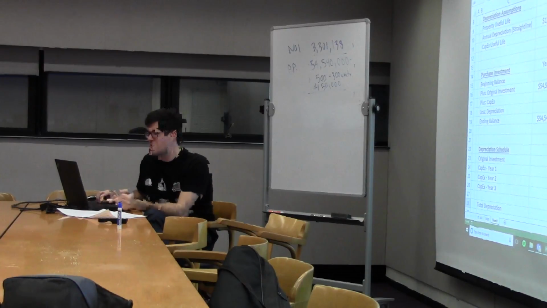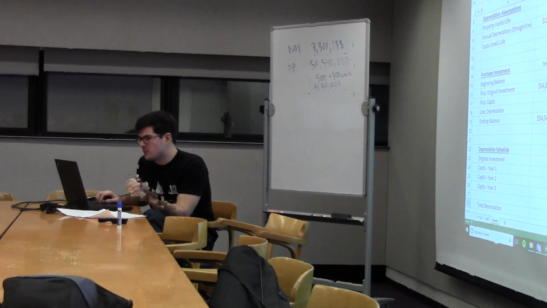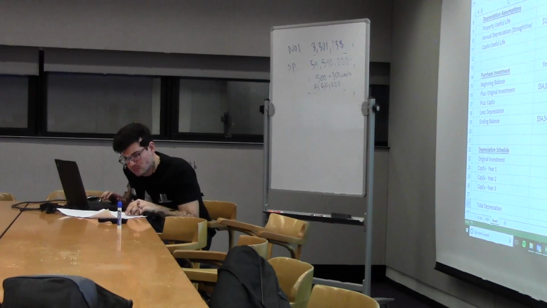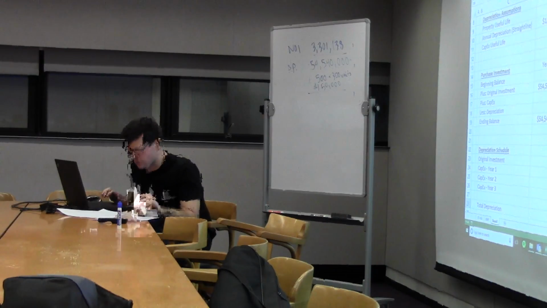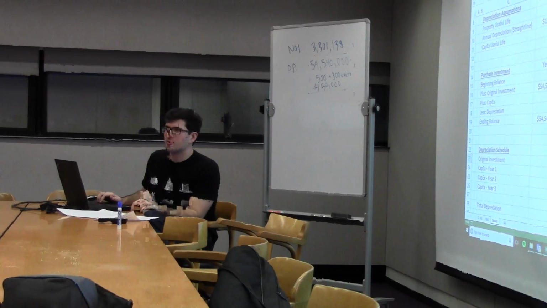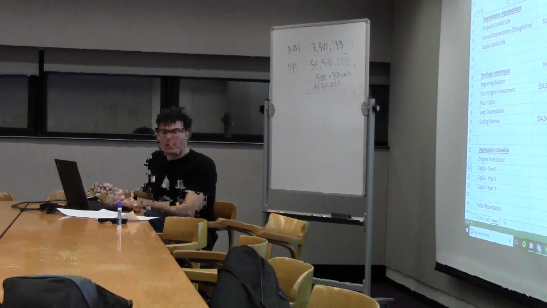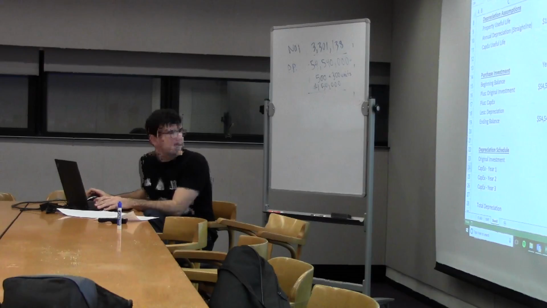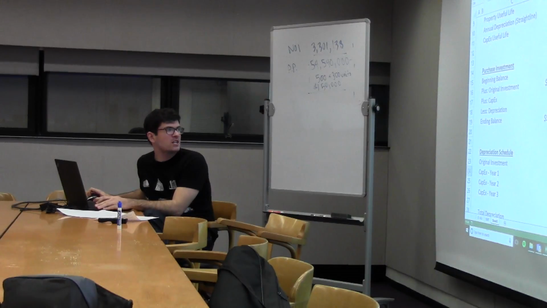So our total depreciation for year 1 is 1.839 million. It's composed of the depreciation on the original investment and the depreciation on the CapEx that we spent here of 150.